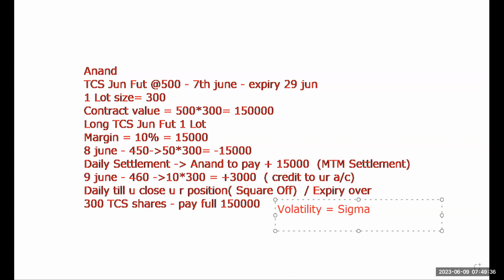We can get the total risk with the beta, and volatility will be more than the beta, so that is why we are using sigma. I think so.